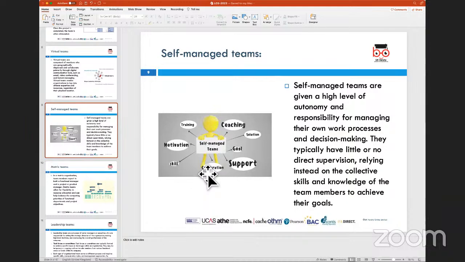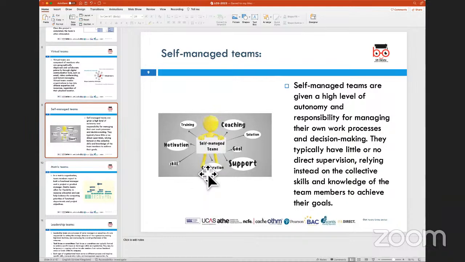Here, when I look at the concept of self-managed teams or SMTs, there is very little direct supervision. There is very little interaction or any sort of, let's say, I want to use the right word, some sort of influence from outside.